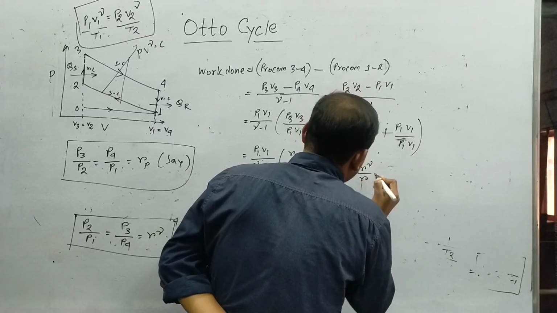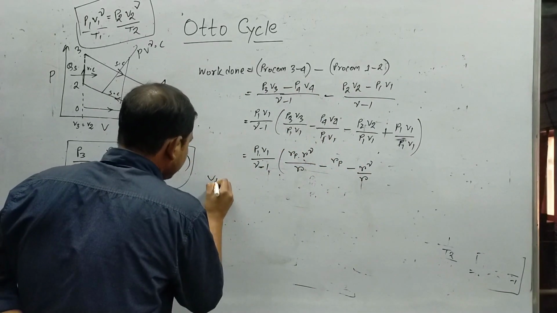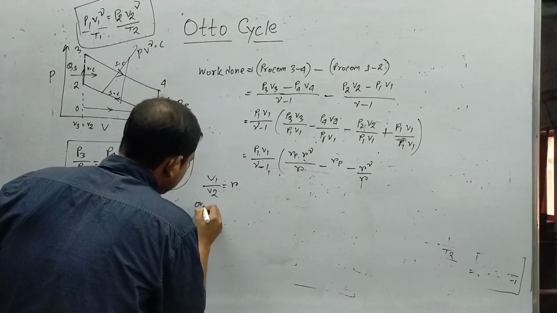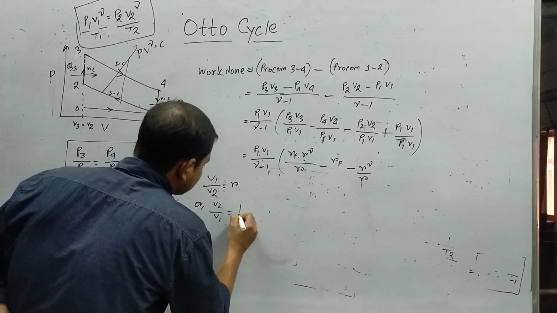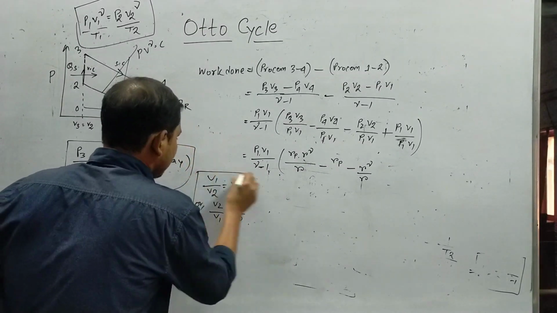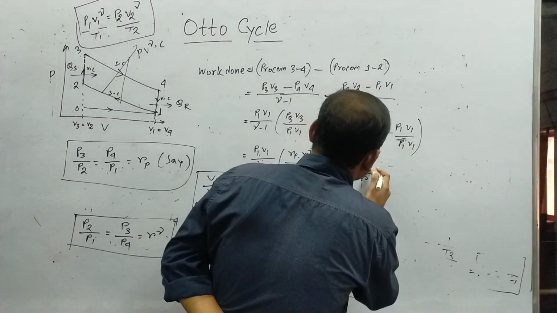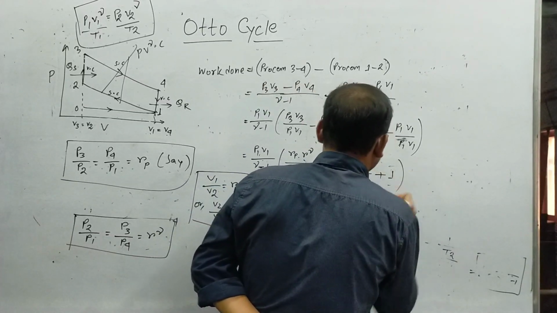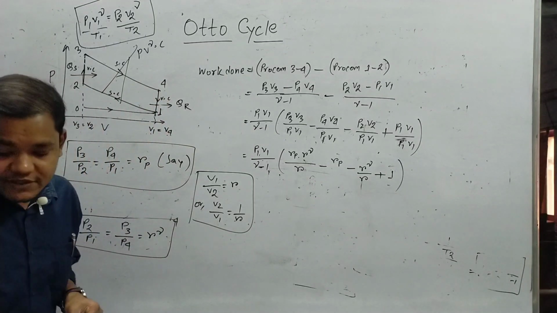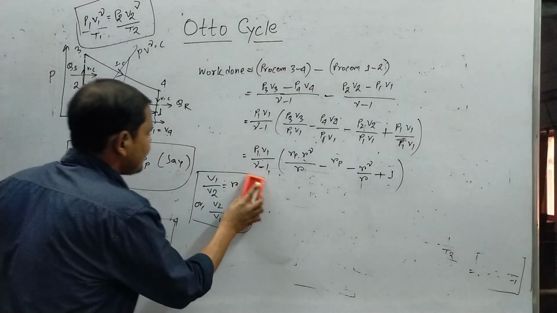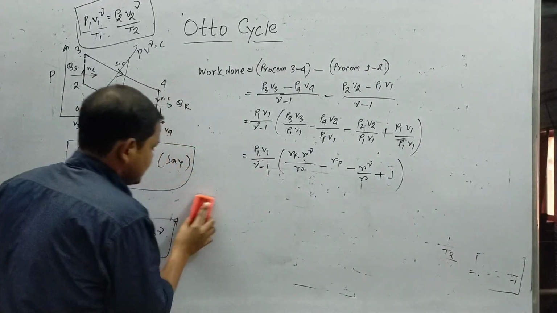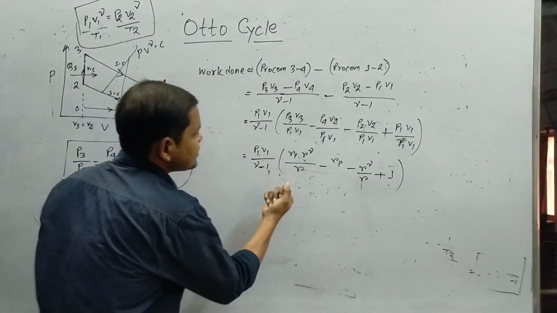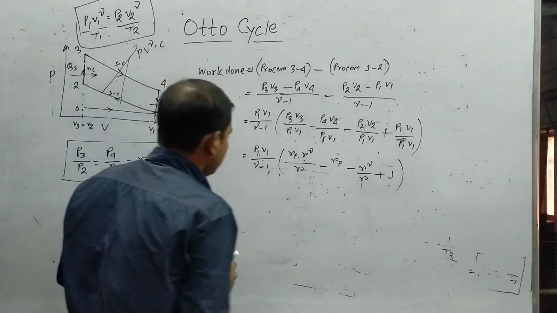As we know V1 by V2 is equal to R, or we can write V2 by V1 is equal to nothing but 1 by R. This is how it becomes R to the power gamma by R, plus 1. Now we have simplified the total equation of the work done in terms of pressure ratio and the compression ratio.